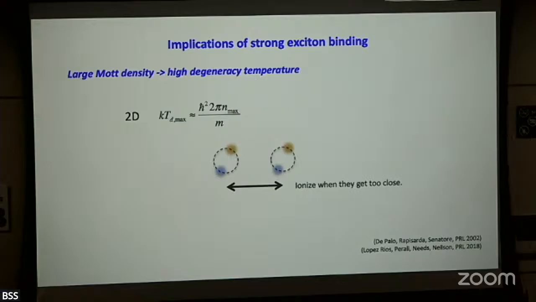This is the temperature when the de Broglie wavelength becomes larger than the interparticle spacing. So what is the maximum density you can have? That would be the density we call the Mott density, for the excitons to become an electron-hole plasma. Okay, and it's the work of the same Mott.